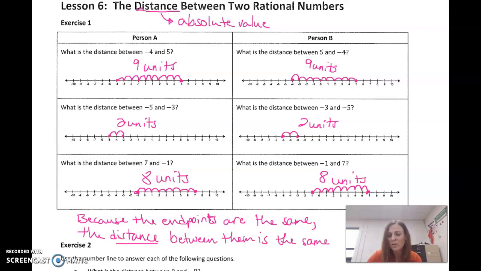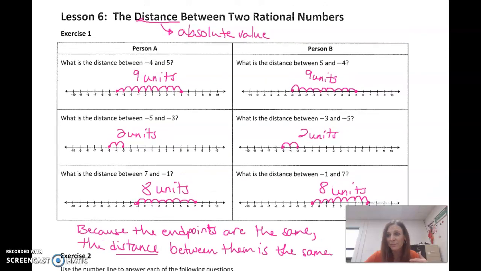It doesn't matter what direction we go, if we're going from -4 to 5, or if we're going from 5 to -4, because we're talking about distance, and direction doesn't matter in distance. So because the endpoints are the same, the distance between them is going to be the same.